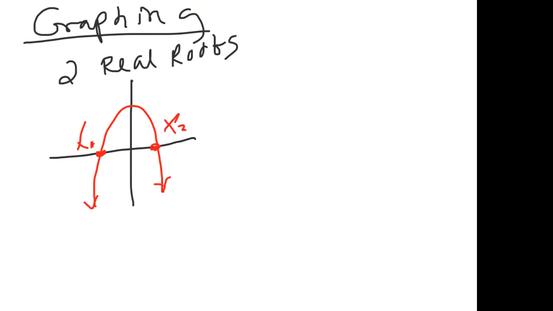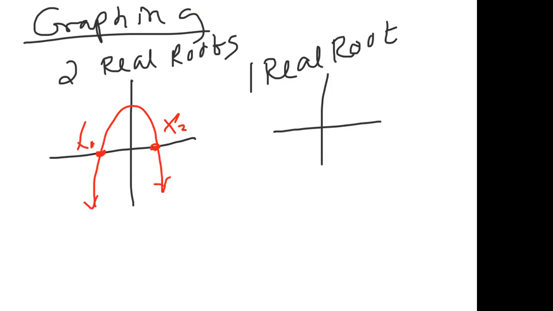So this would be your 2 solutions, okay? Here's the second case. The second case is when it has 1 real root. If it's got 1 real root, when you graph this quadratic, the quadratic will intersect the x-axis just once.